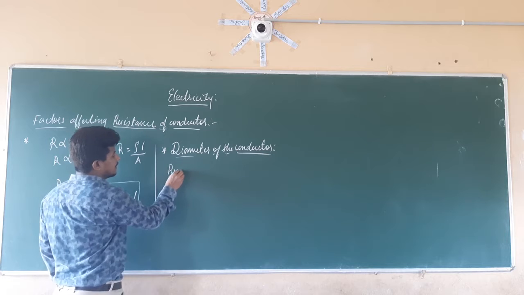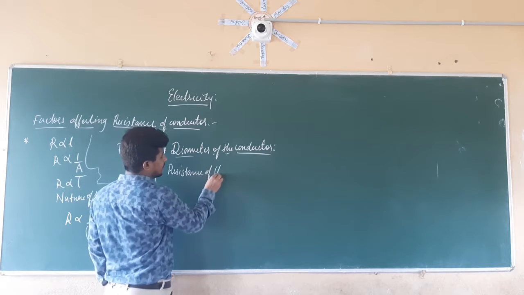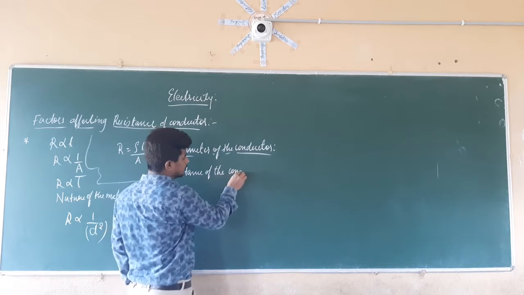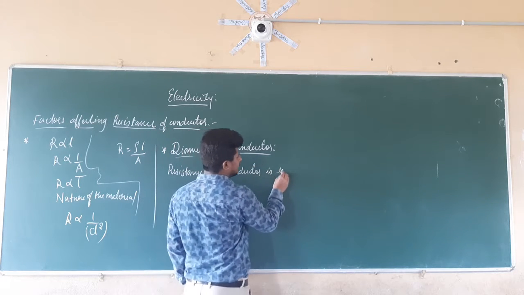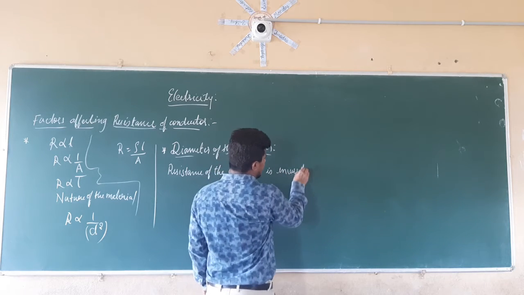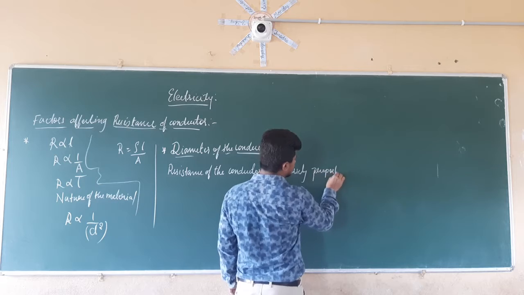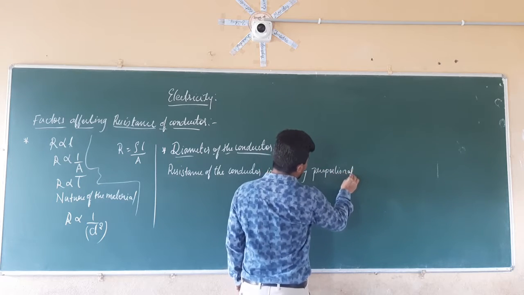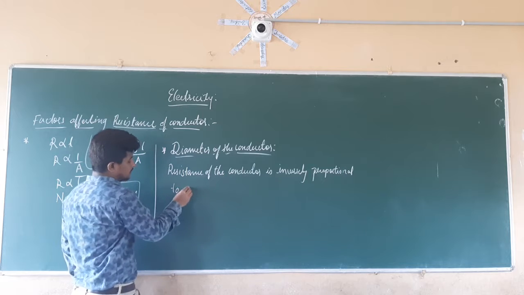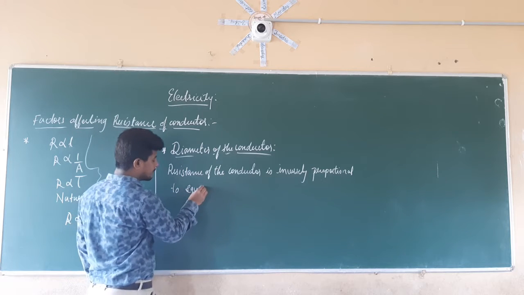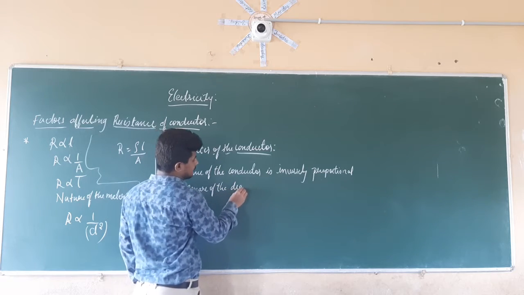The resistance of the conductor is inversely proportional to the square of the diameter.